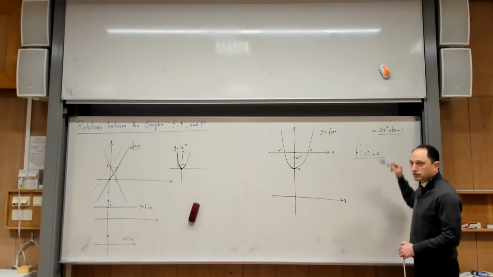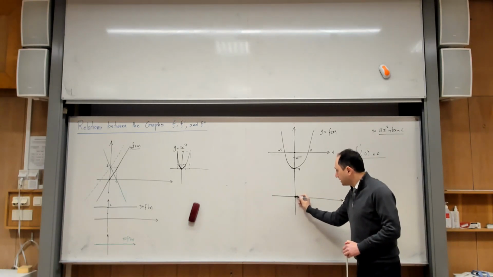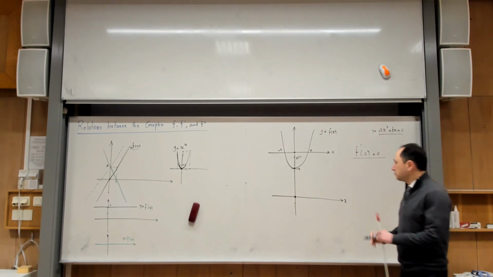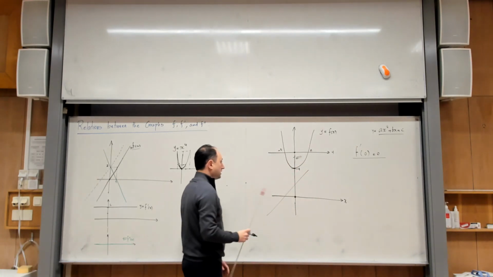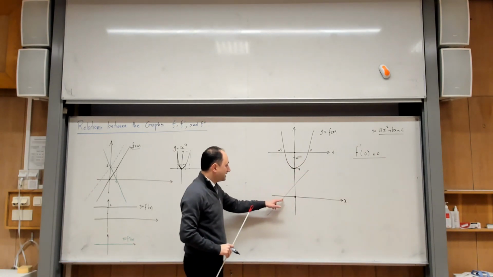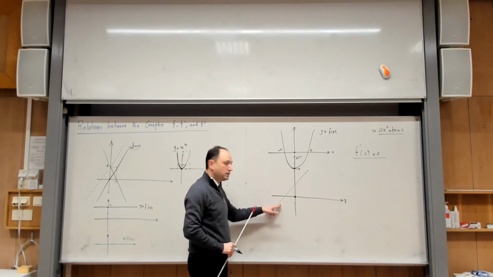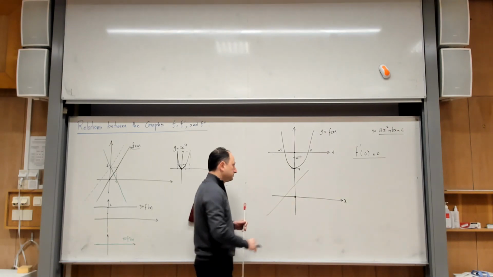So this point is definitely on my derivative, and it should be a line. For example, if I draw another line and ask whether this can be the graph of the derivative, you have to immediately rule it out because it is not passing through the origin.